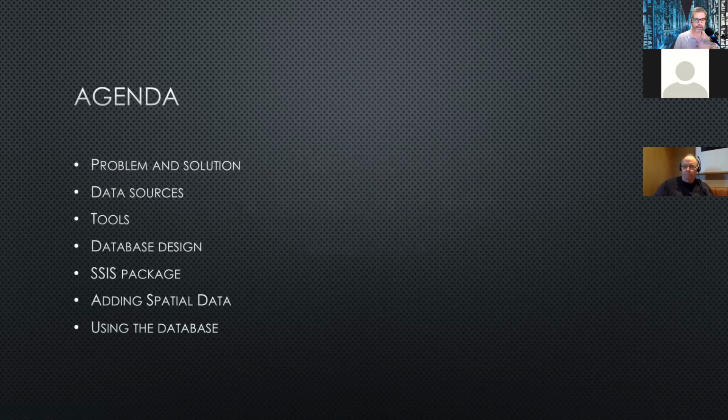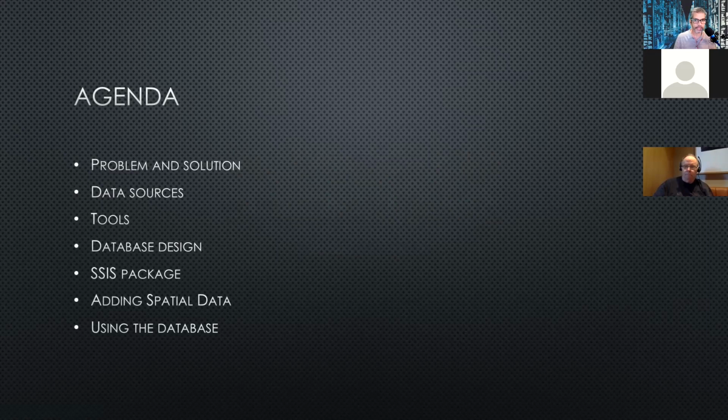And without further ado, because we do have an awful lot of stuff to talk about today, this is our agenda. I'm going to describe the problem that we're facing and my proposed solution, share some of the data sources that we will use in this process. Then we'll get into the tools that we're using, a little bit of detail on those tools. I'll share my database design and explain my rationale.